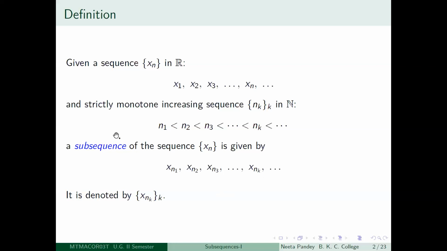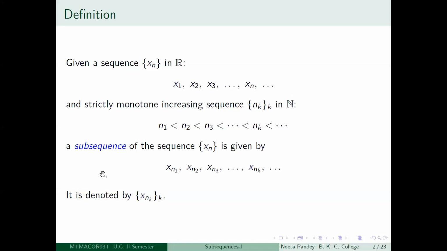And to make it more precise, what you say is that suppose you are given such a sequence, then you choose a strictly monotone increasing sequence of positive integers, n1 less than n2 less than n3 less than etc. And then corresponding to these n1, n2, n3, if you look at xn1, xn2, xn3 and so on, then that will give you a sequence first of all, and it will be called a subsequence of the original sequence, because here the arrangement of the terms is the same as the original one.